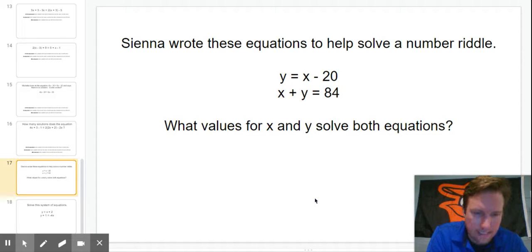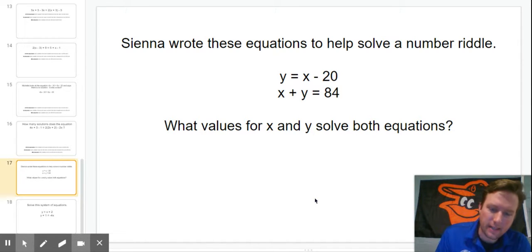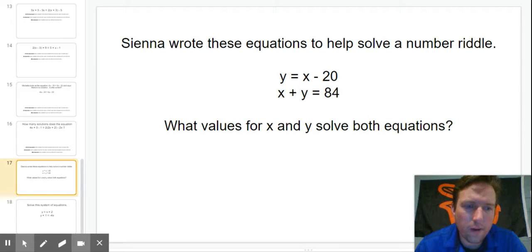Now, systems of equations are just a fancy way of saying when you have a group of two or more equations that share variables. For example, in this problem there are x's and y's, variables, letters that take the place of a number, and that is shared between these. So y equals x minus 20, and x plus y equals 84.